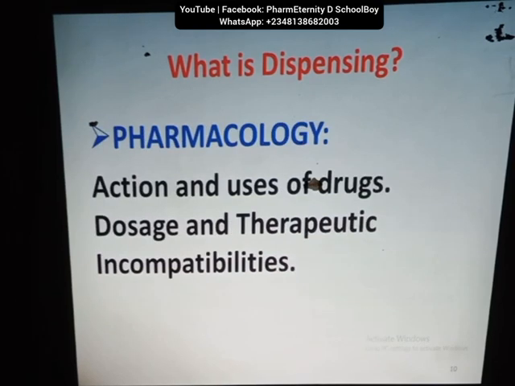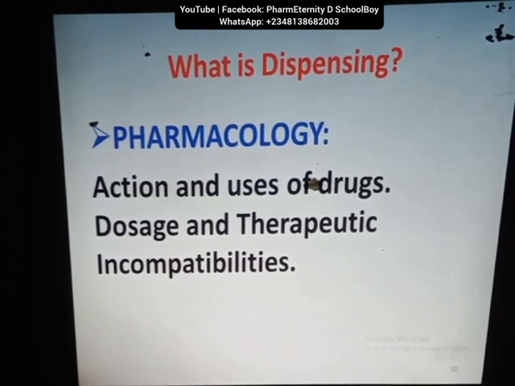Very important. Pharmacology. Here in pharmacology, you look at the action and uses of drugs, medicine, as the case may be, and the dosage, and therapeutic incompatibility. Without sound knowledge of pharmacology, you can never know the dosage.